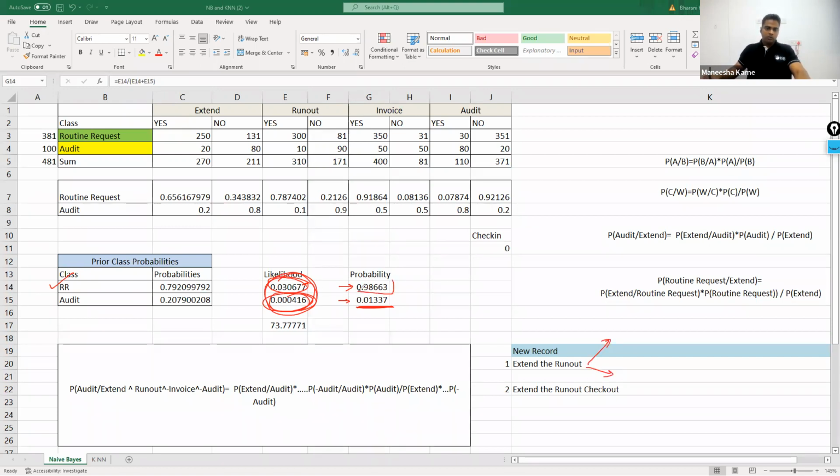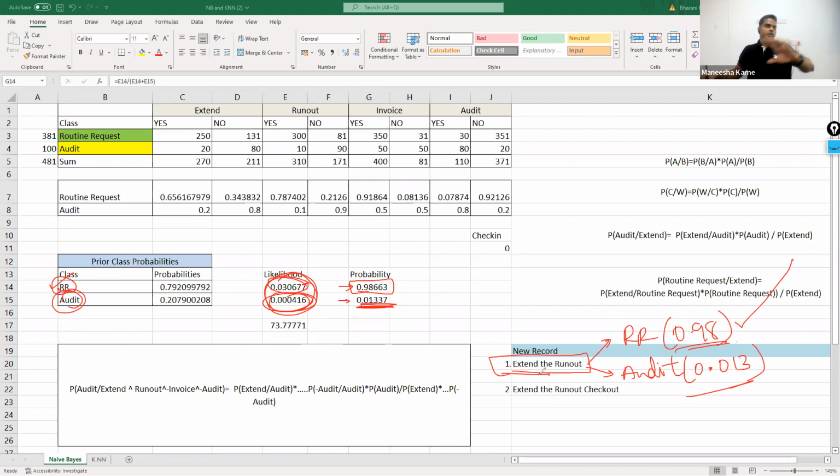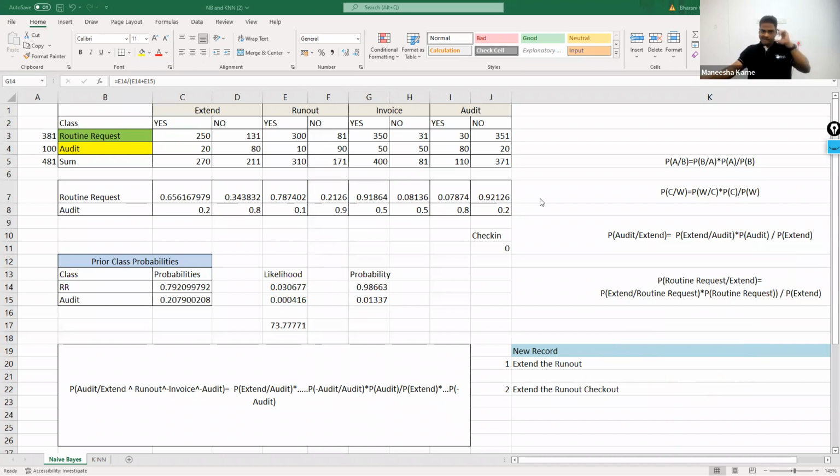Routine request, because the probability of this getting assigned to routine request class is 0.98, and the probability of this getting assigned to audit related request is 0.013. So ultimately you'll say that given this, it will be assigned to routine request. All with me until now? Wonderful.